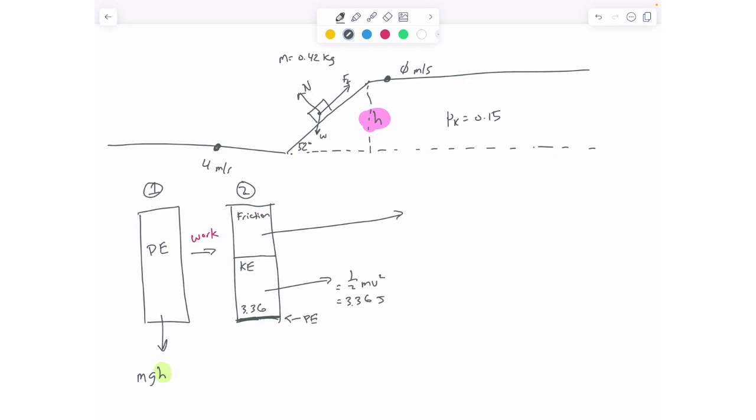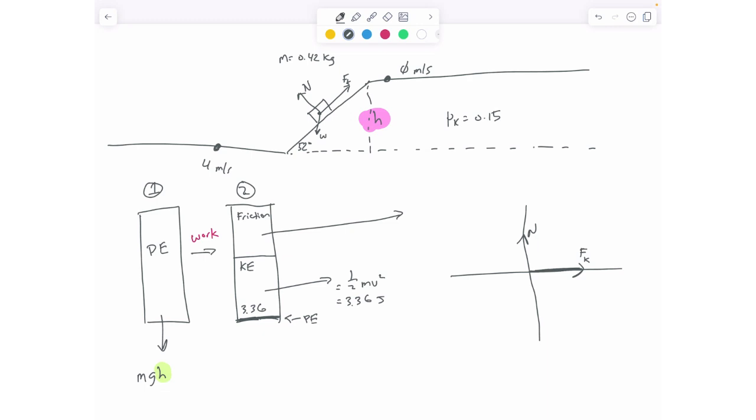I'm going to make this thing flat instead of at a 52-degree angle. If I make it flat, then the normal goes up, and the frictional force, the kinetic friction, is in that direction.